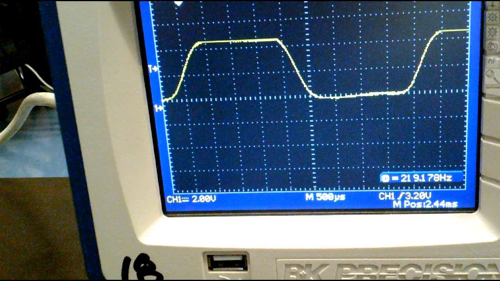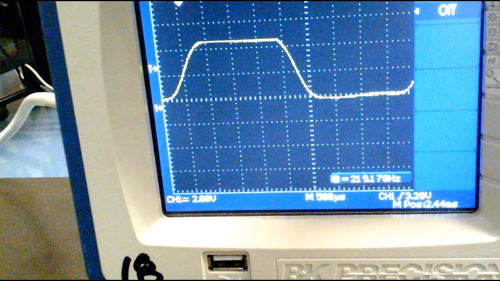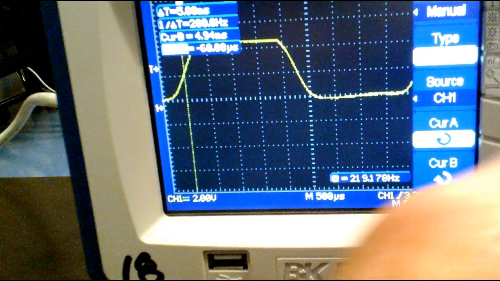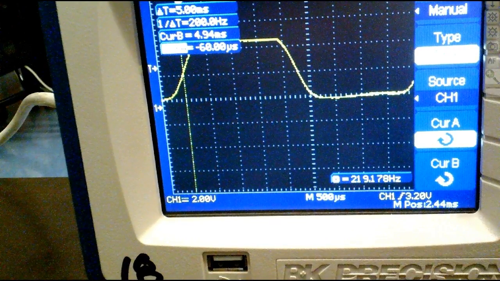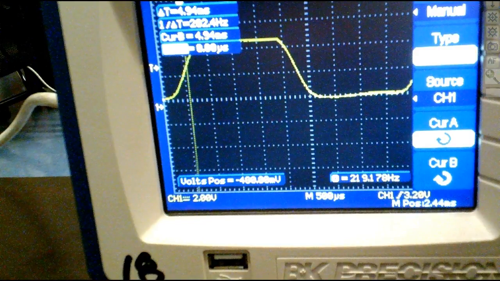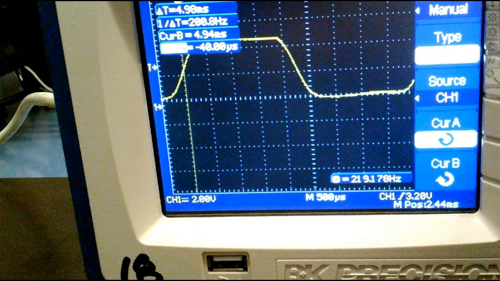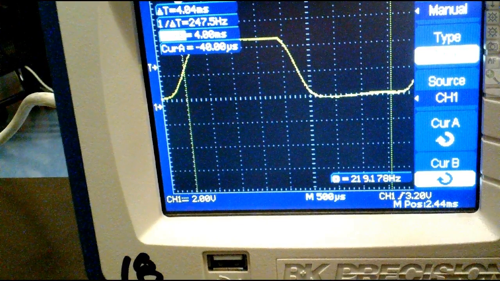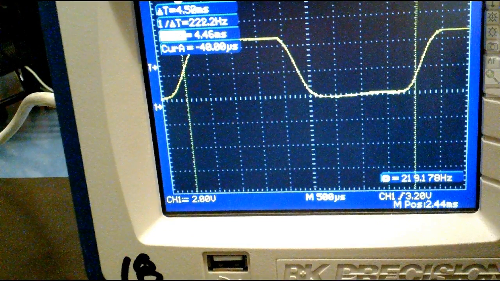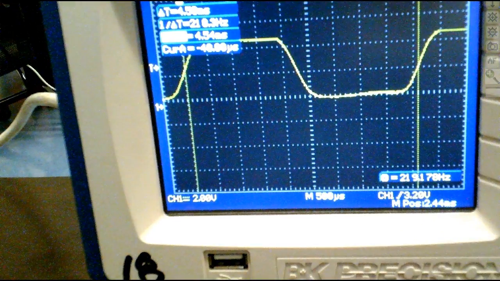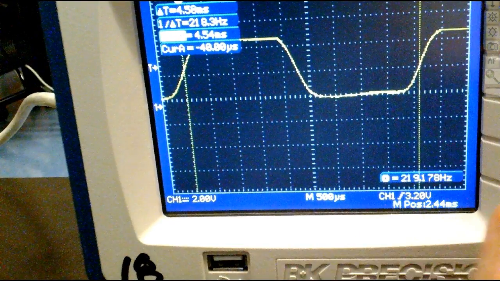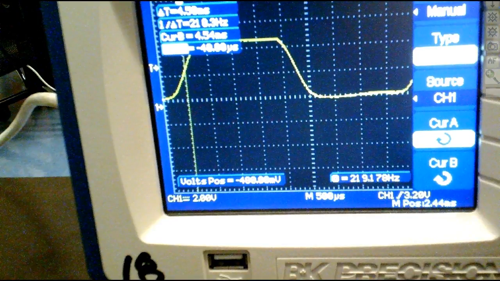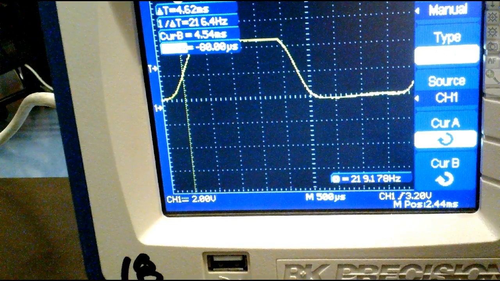Now, on this scope, you can have it measured for you. Of course, we don't let y'all do this feature while you're learning how to use a scope, but this scope will actually measure it for you.